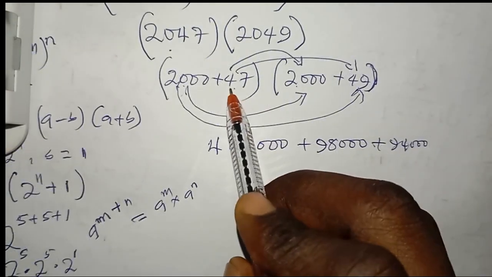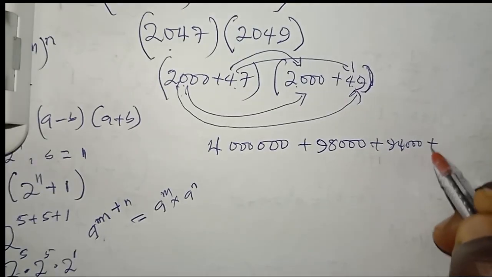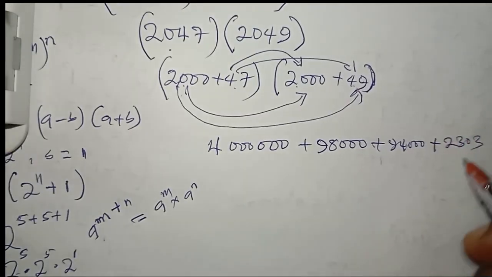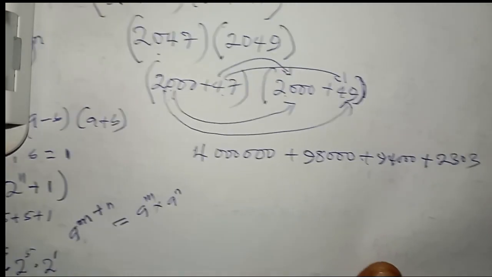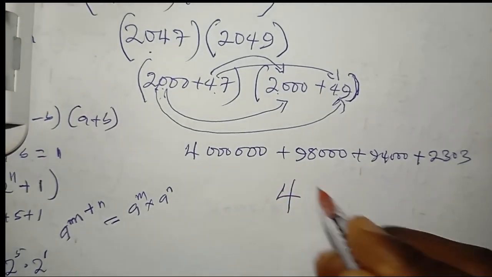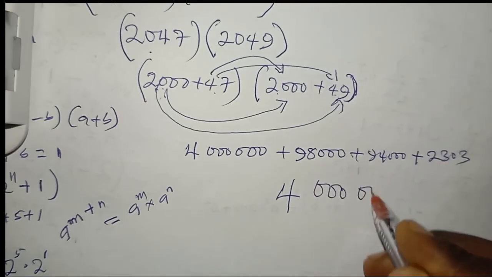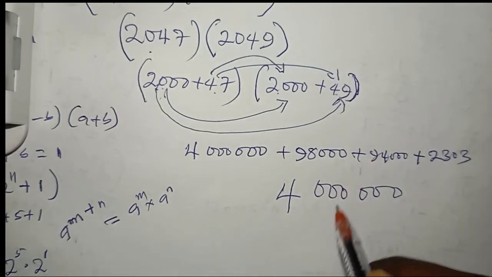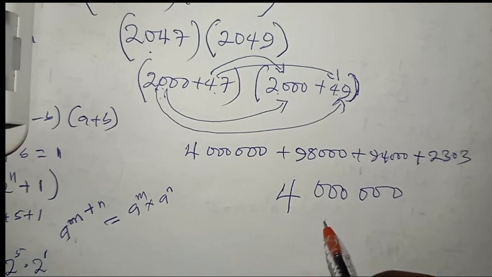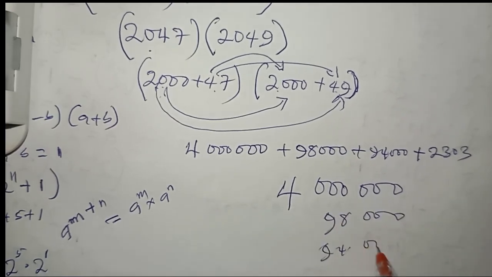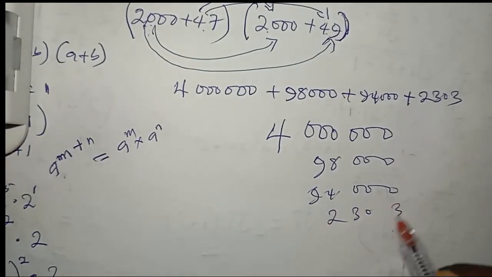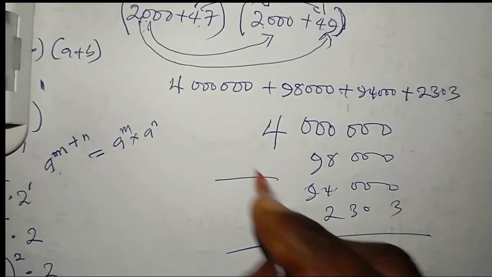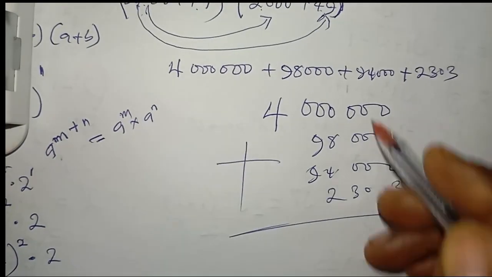And 47 times 49 will be equal to 2303. Next we go ahead and sum all of them up, without a calculator: 4 million plus 98,000 plus 94,000 plus 2303.